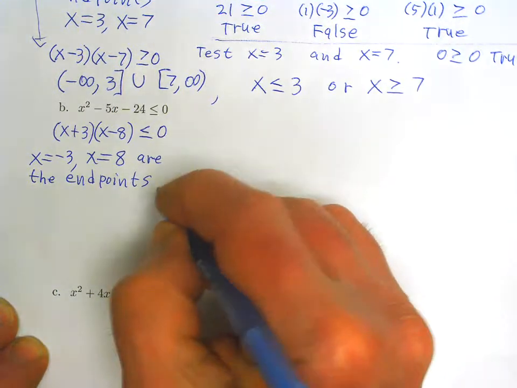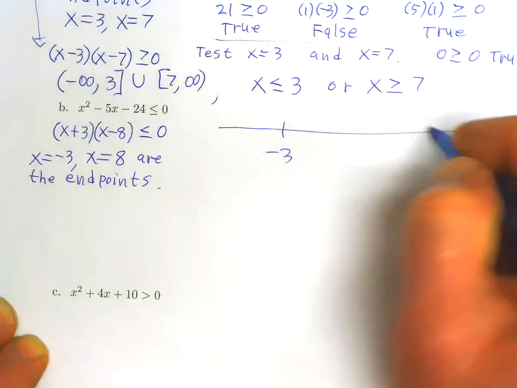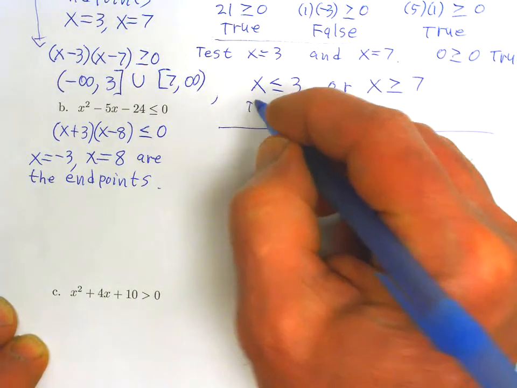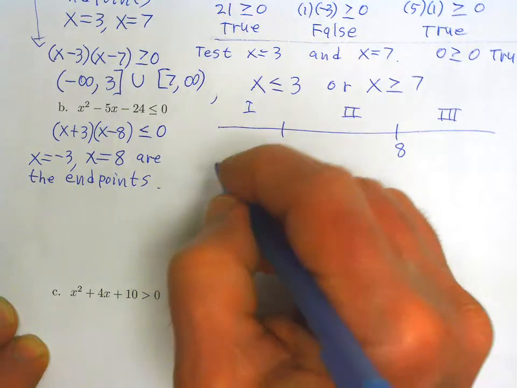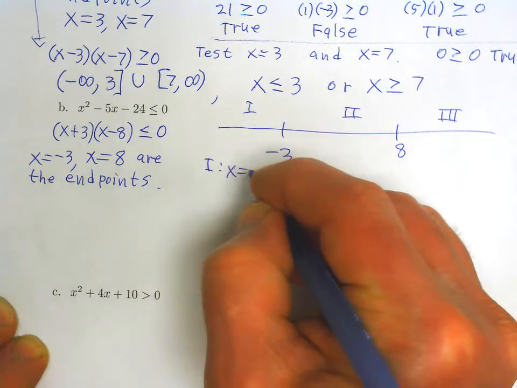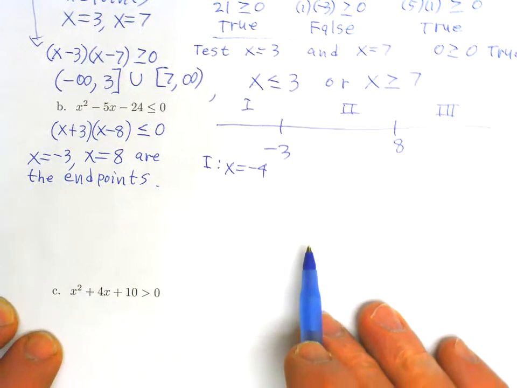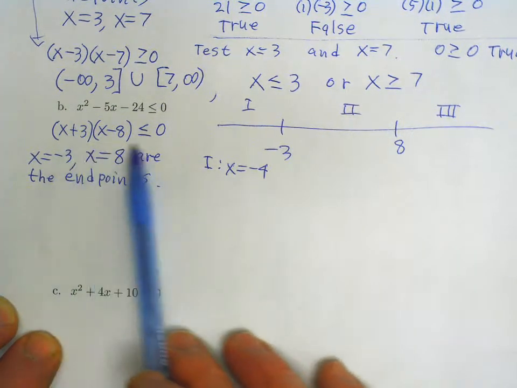Okay, so we'll plot those numbers. Negative 3 and 8, 3 intervals. So in the first interval, we can pick negative 4 as a test point. And I'm going to use the factored form.